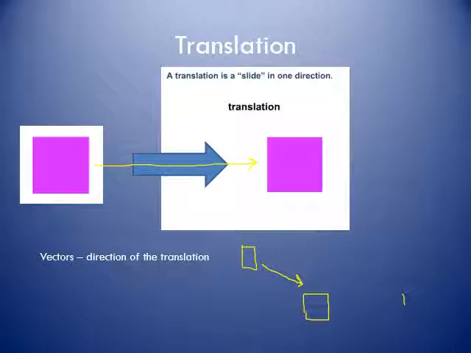Another one, if this is my pre-image and this is my image, my translation vector would just be up in that case. So the vector is just an idea of what direction did it move. Did it go down, left, right, combination? Did it go up and to the right? Just draw an arrow going from the pre-image to the image.